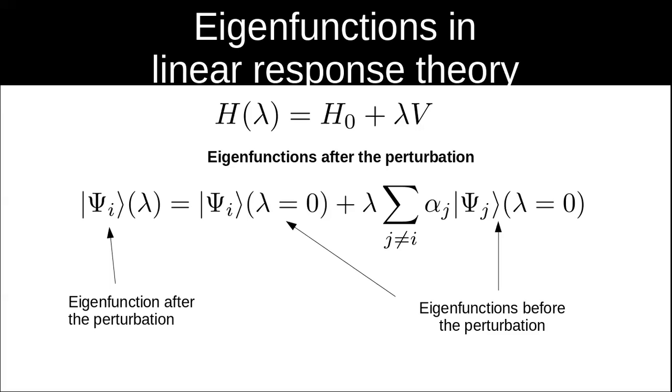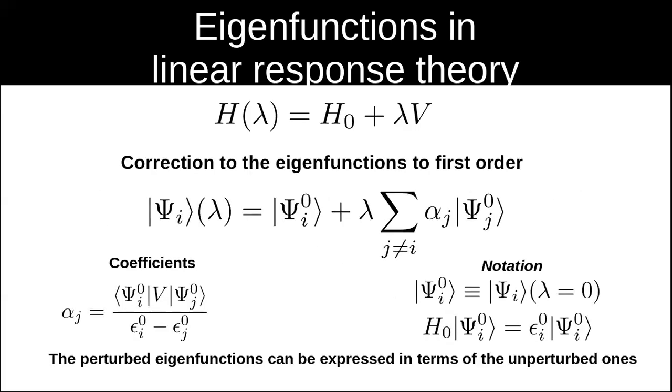So the actual task is to find this expansion coefficient, so this alpha j. And the idea is that these expansion coefficients can be computed very easily just by doing a Taylor expansion of the Hamiltonian. And what you actually get is that the coefficients are essentially given by this overlap between psi i, V, psi j over the eigenenergies i and eigenenergies j.